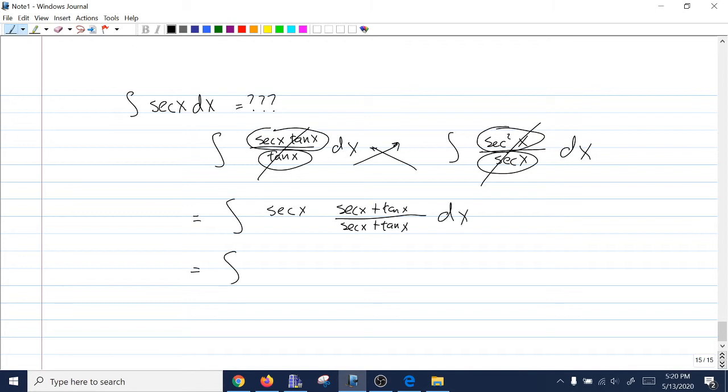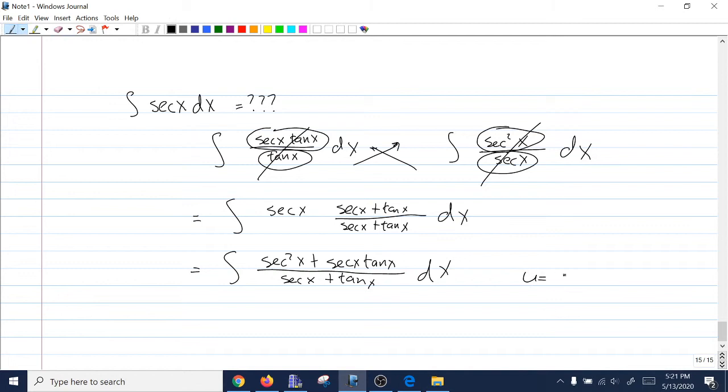So this becomes the integral of secant squared x plus secant tangent x over secant plus tangent. Now, the bottom is secant plus tangent. The derivative of secant is secant tangent. The derivative of tangent is secant squared. Now the top is the derivative of the bottom. I had to use both with a plus.